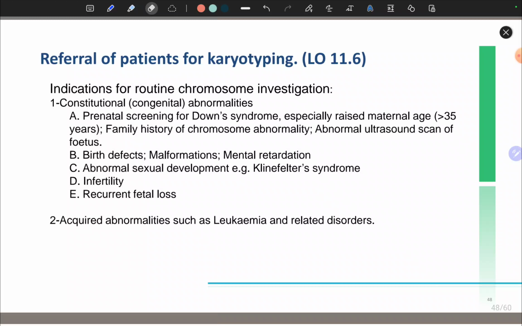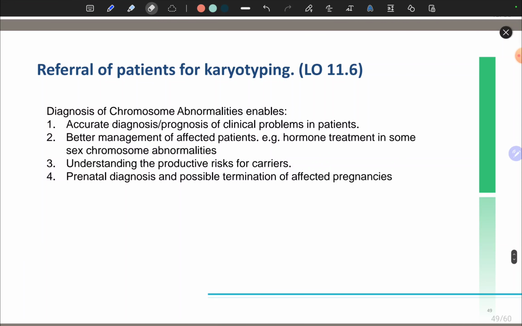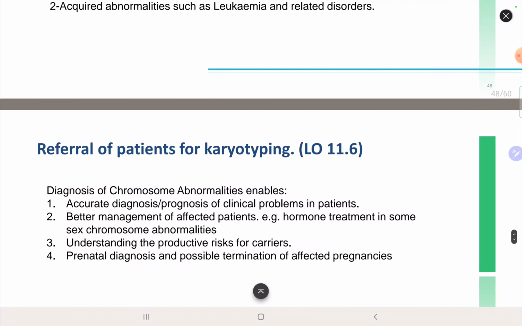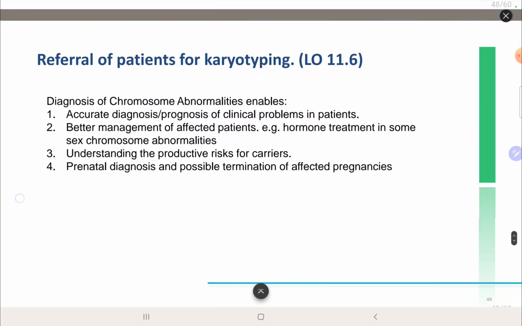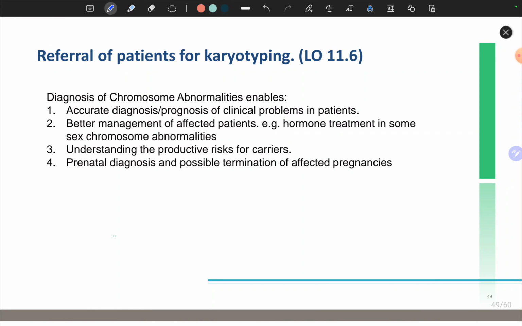So we try to find the causes by performing this investigation. Also, there can be acquired abnormalities such as leukemia or some related conditions. We have some conditions in which genetic abnormalities occur, that's one thing. We'll see the Philadelphia chromosome in myeloid leukemia and so on.